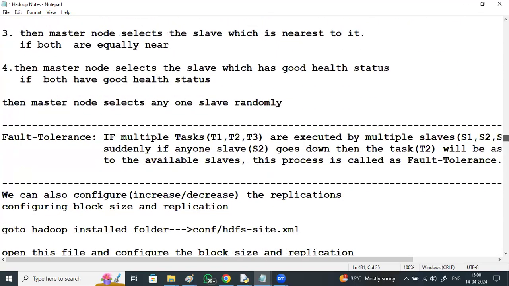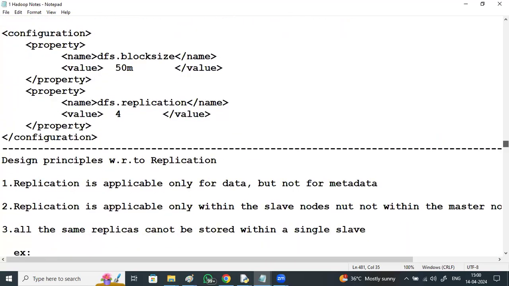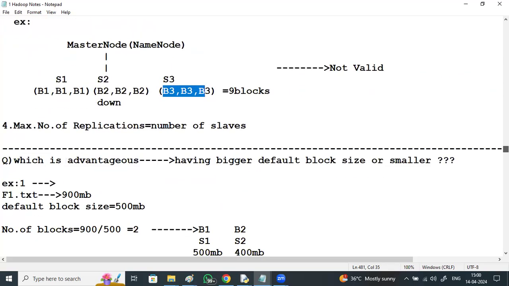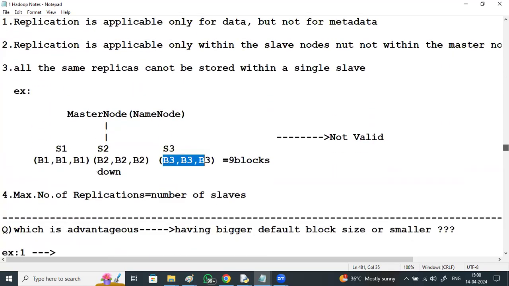If the name node is down, only one system, right? Suppose it is down, then the entire system will go down, right? If the name node is down, then the entire cluster will be down. So there is no replica for the name node.